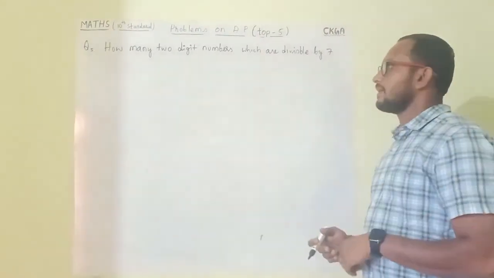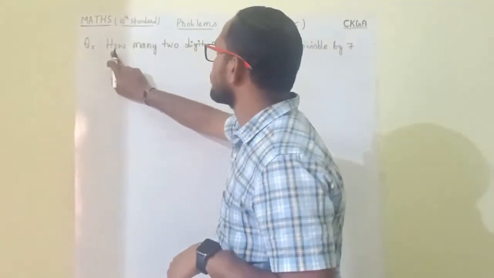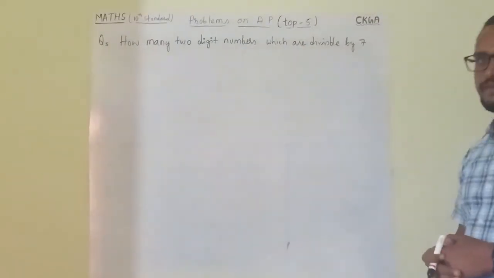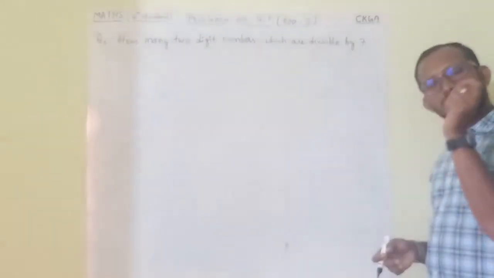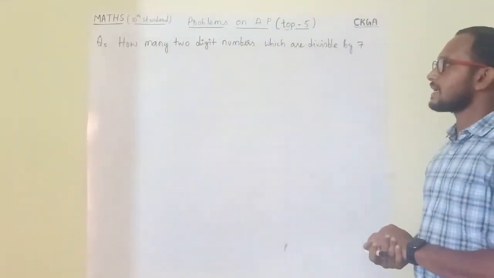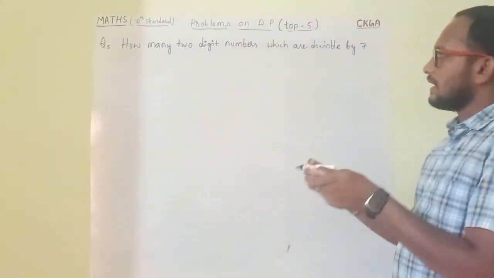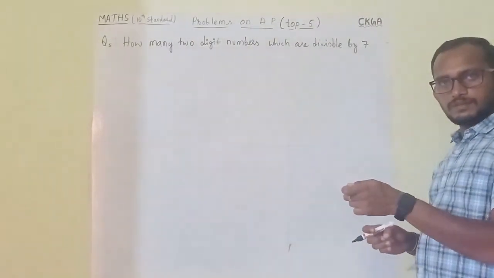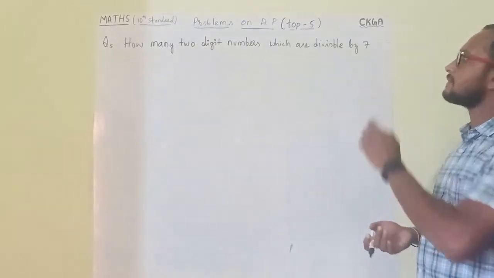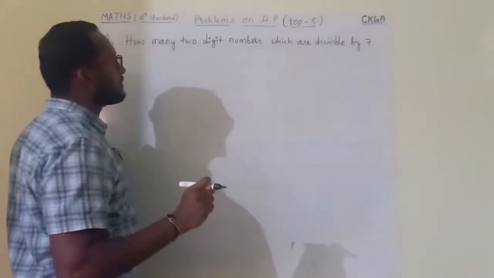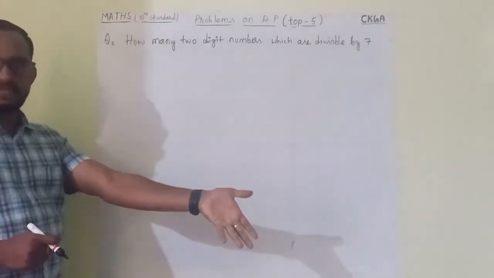Now question 5: how many two-digit numbers are divisible by 7? One of the important and interesting questions for the exam. Here we need to write a sequence first, and after that we can find the answer. Which is the first two-digit number divisible by 7?